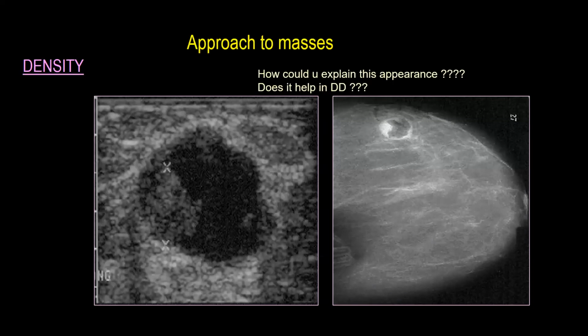It is a complex cystic mass. As you know, the difference between ultrasound and mammography: the specificity of mammography is less than ultrasound, because the soft tissue will be opaque, and the cyst will be opaque.